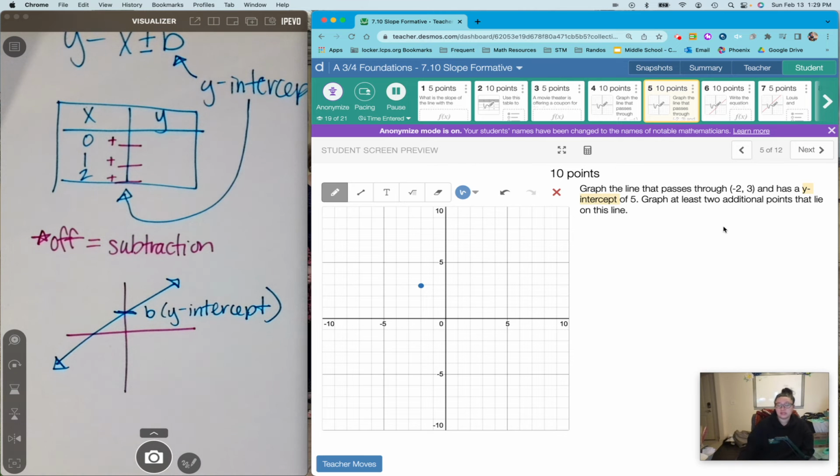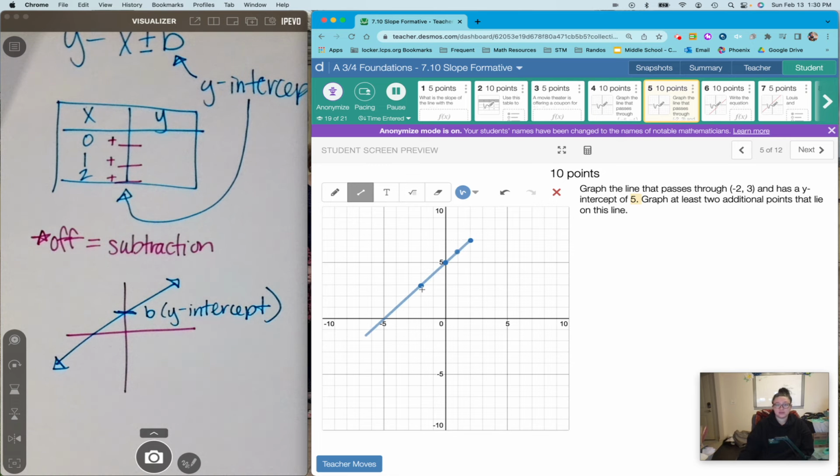For this problem, what does it tell me is my y-intercept? 5. So that means on my y-axis I need a point at 5. And again, this is additive. So I run 1, rise 1, run 1 for another point, rise 1, run 1 for another point. And then I connect my dots.